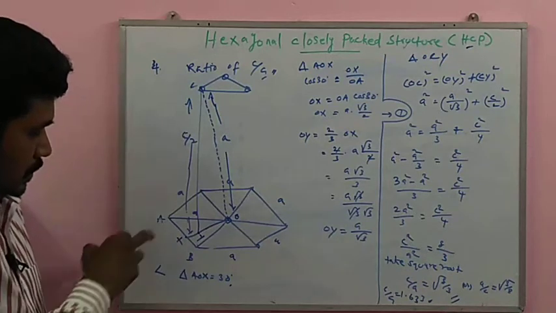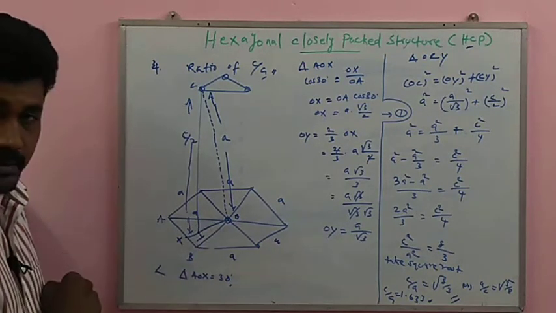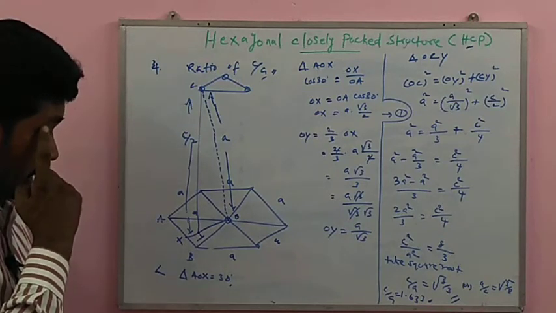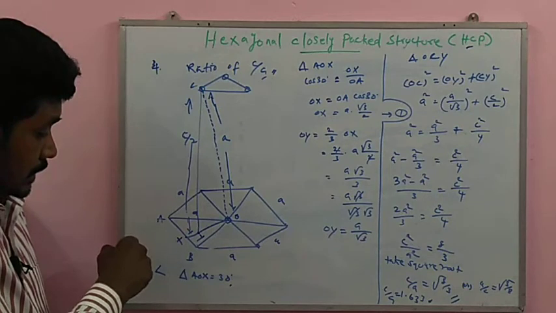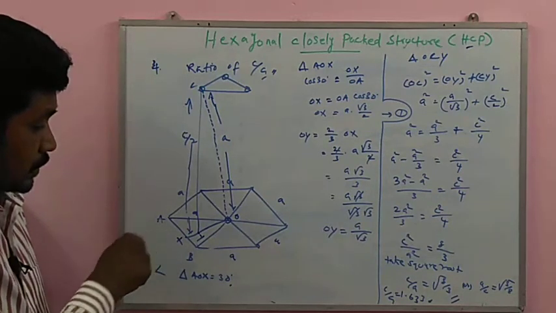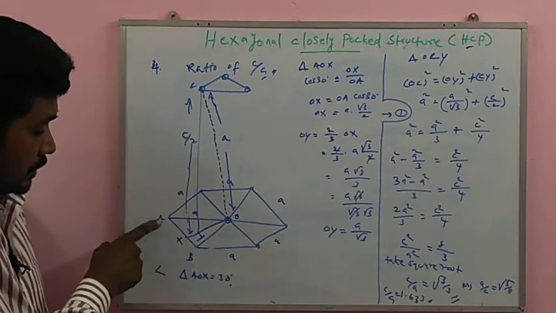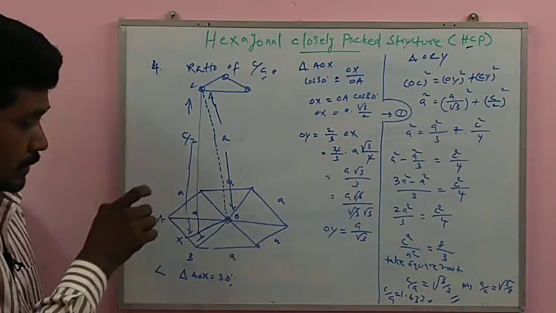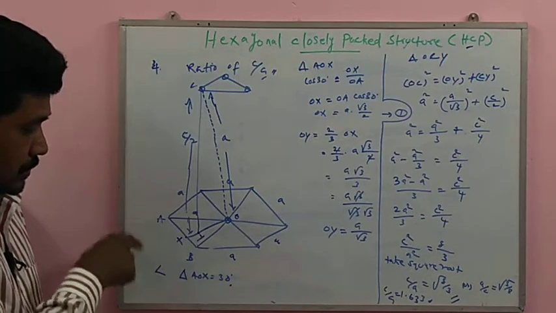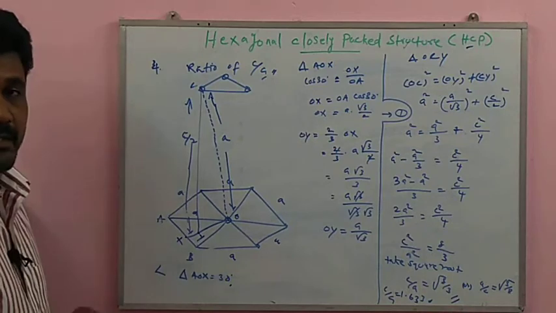One base centered triangle is AOB. Its area is 1 by 2 breadth into height, where breadth is AB and height is OX. That is one base centered triangle, into 6, into C. That is the volume of the unit cell of HCP.